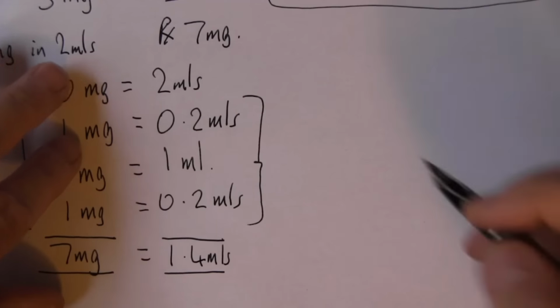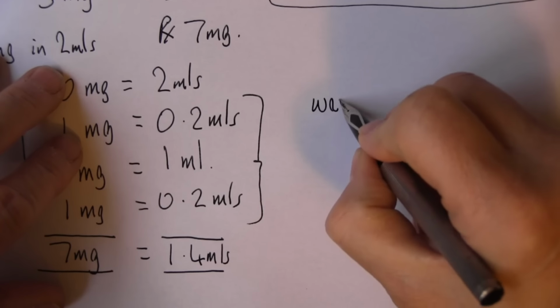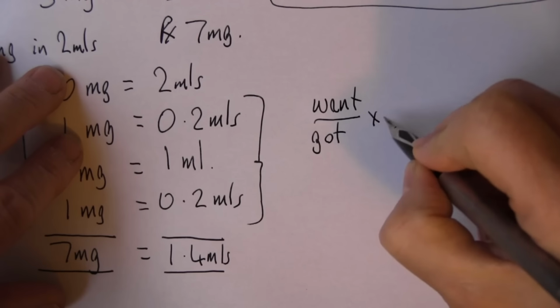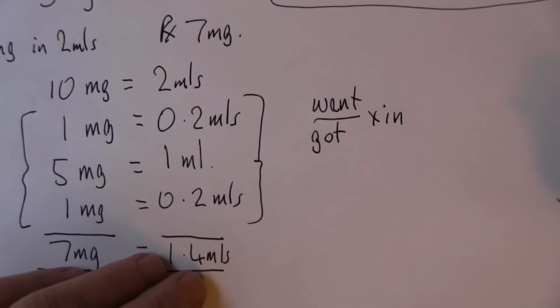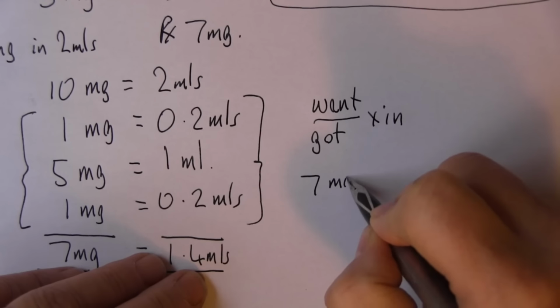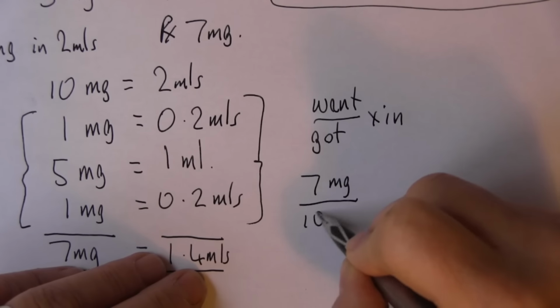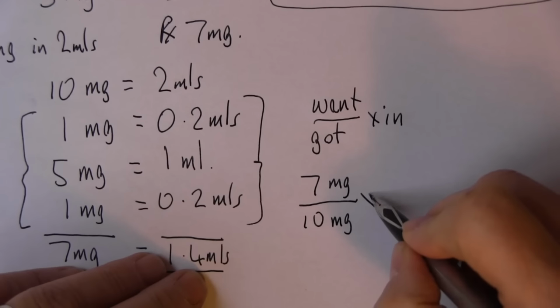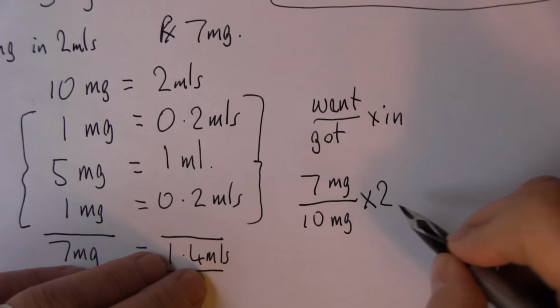But again, I can check that with want, got, times in. So what I want here is 7 milligrams. What I've got is 10 milligrams. And remember, it was originally 10 milligrams in 2 mils, so in is 2 mils.